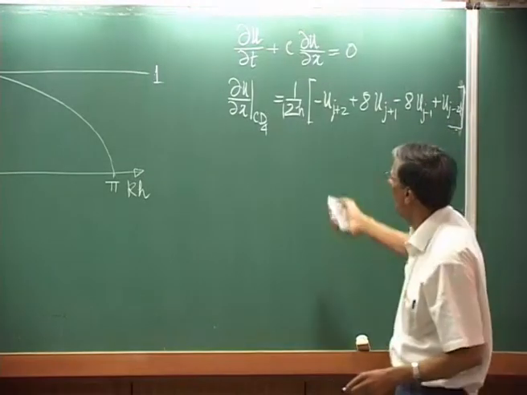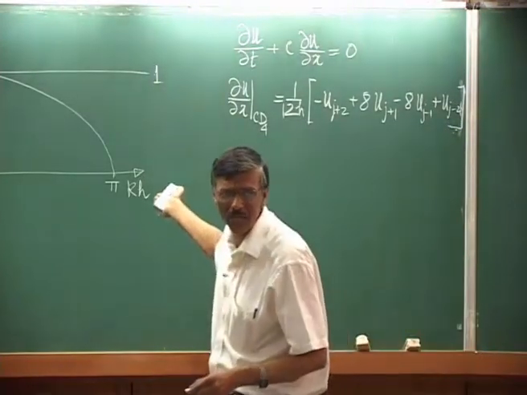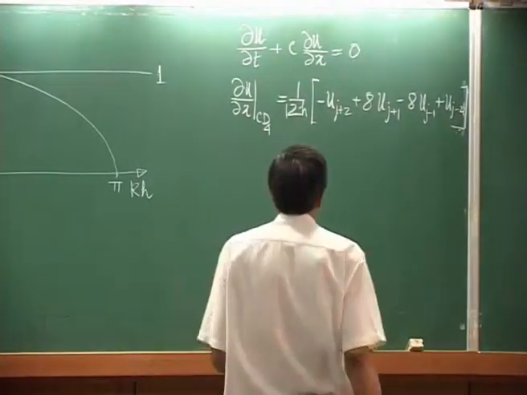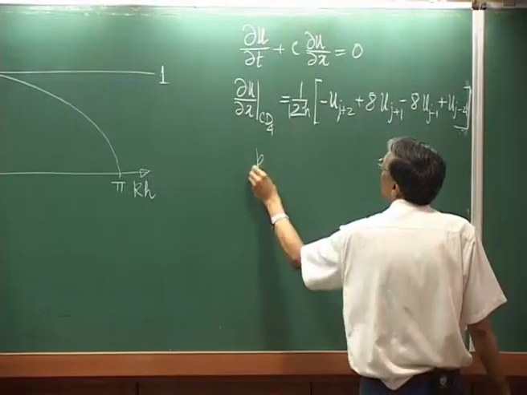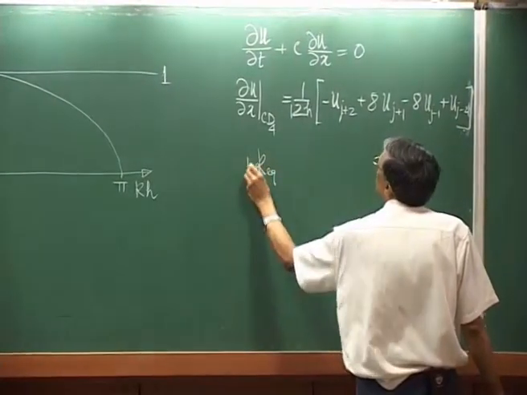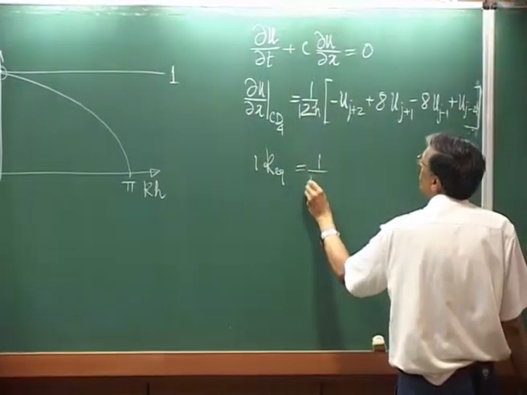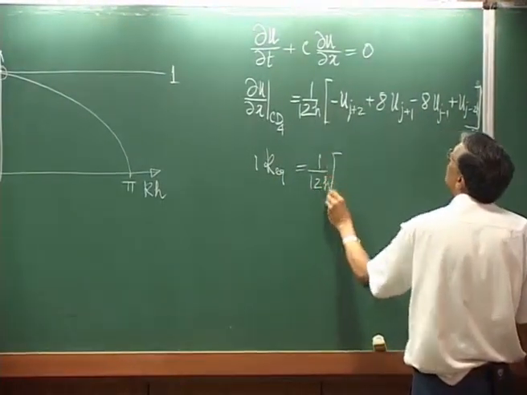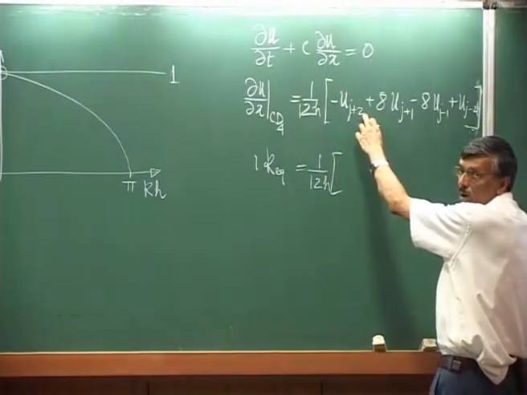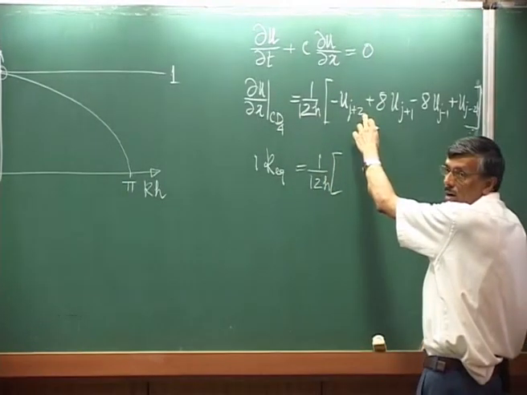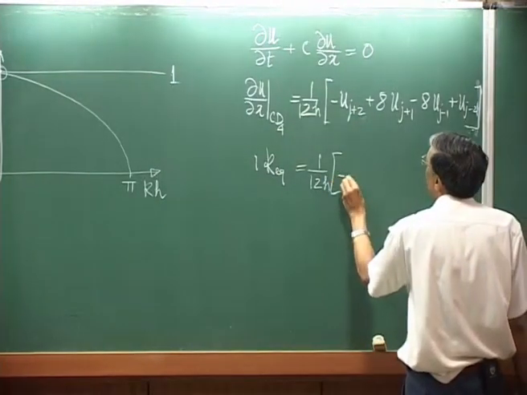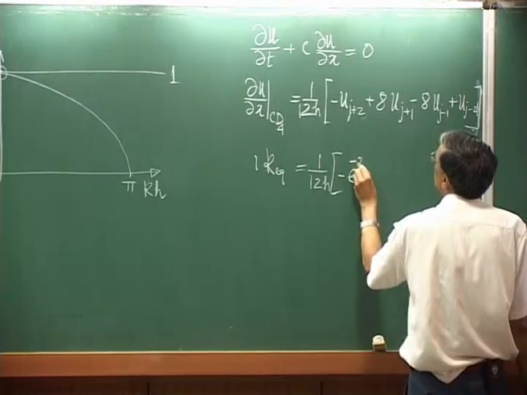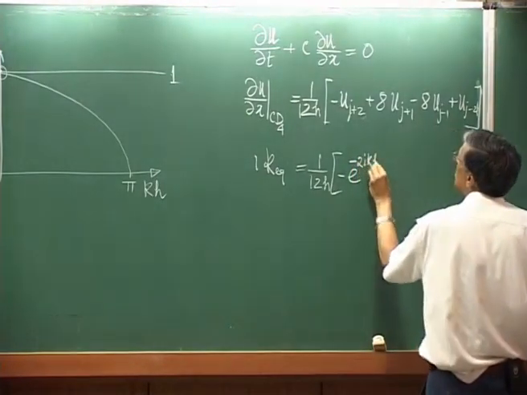So, once again we can calculate its k equivalent. You can very clearly tell me what this is going to be. K equivalent would be 1 over 12h, and from here I will get e to the power 2ikh, so I will get minus e to the power 2ikh.